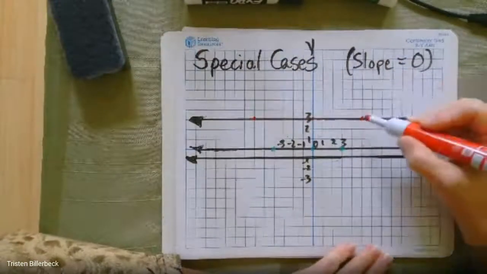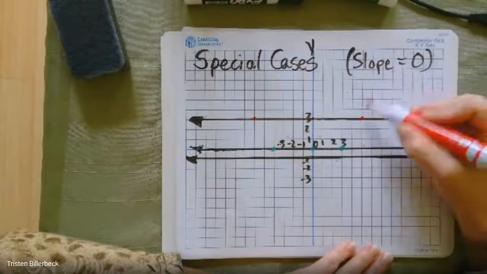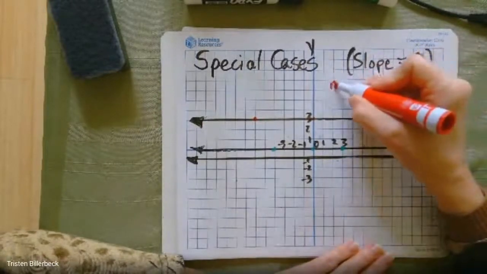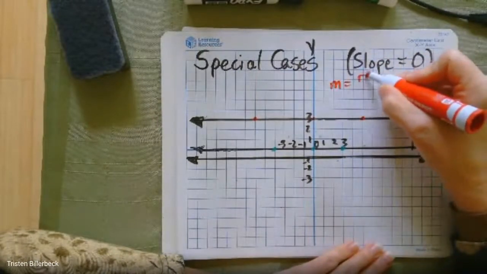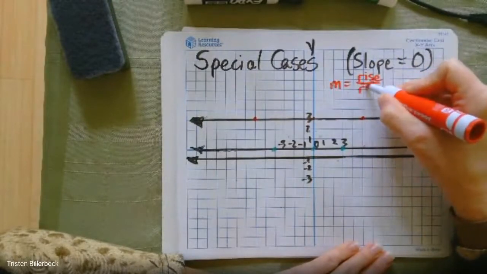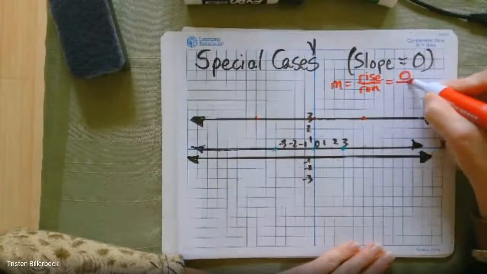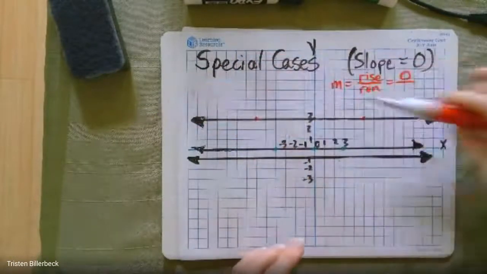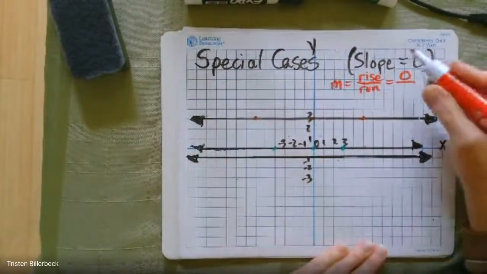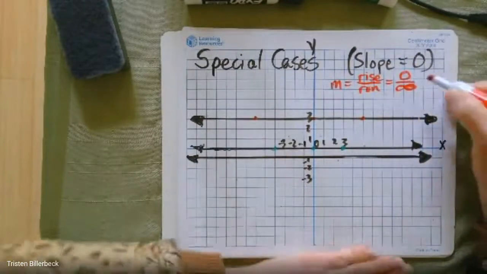So if we look at this, we have a rise. Well, it's not rising. So with our rise and our run, the rise is 0. But look at this. It's going forever with the run. It's going to infinity and beyond, like Buzz Lightyear.